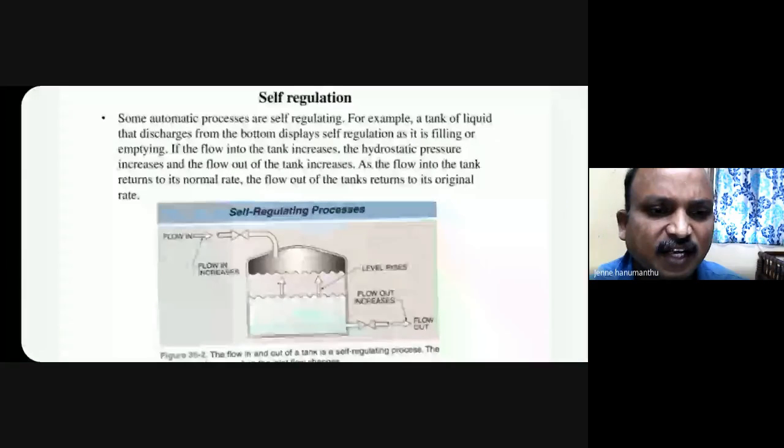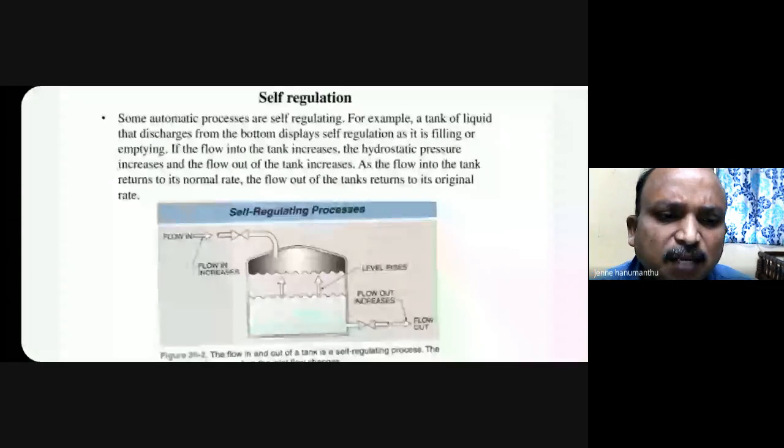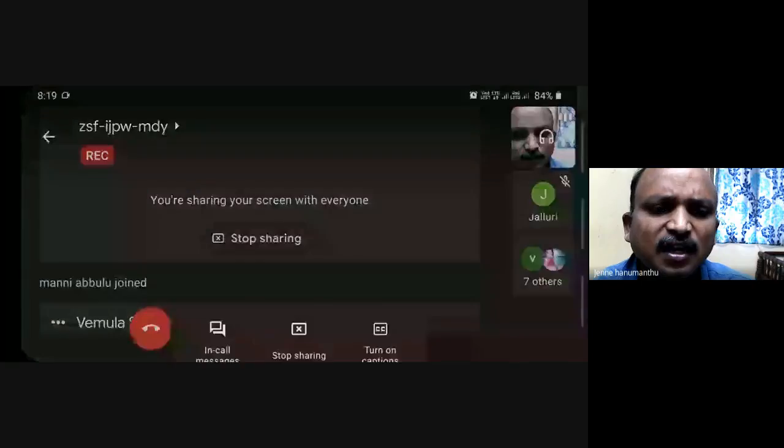What is self regulation? Self regulation can be understood by considering a simple tank. Take a simple tank having inlet and outlet. So when the water is inlet, I'm not seeing the slide.